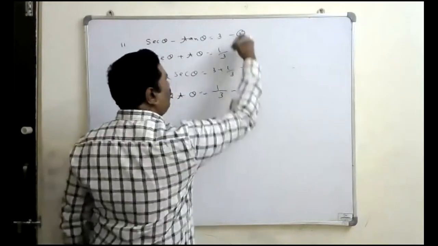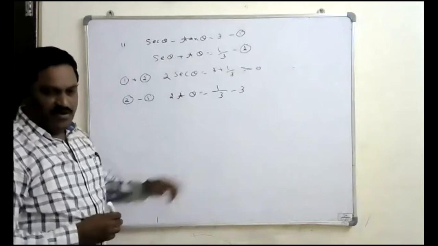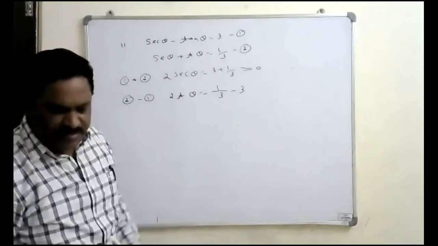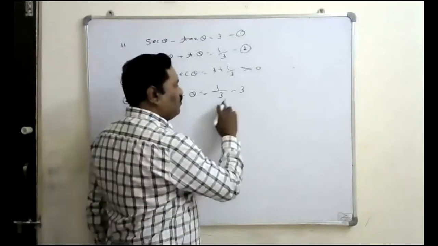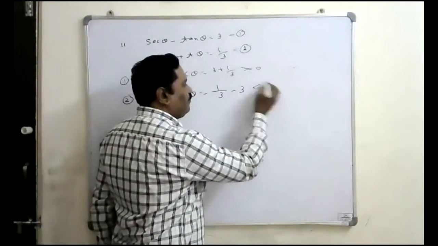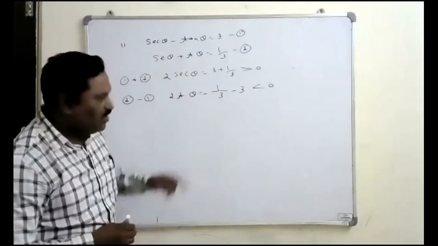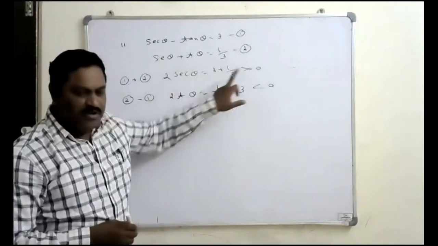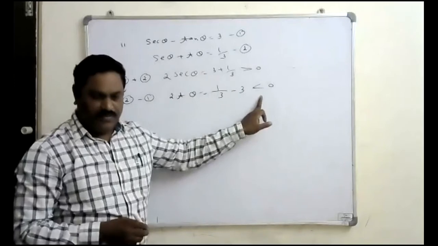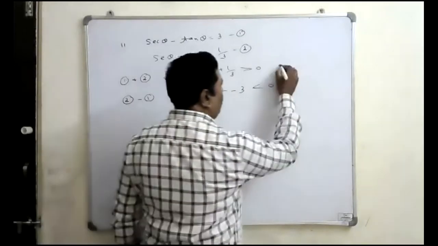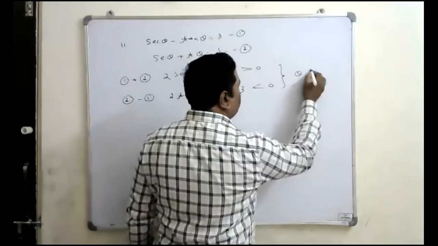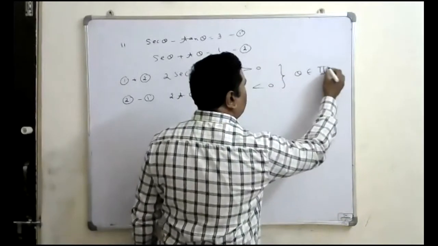Is 1 by 3 minus 3 positive or negative? Negative. So secant theta is positive and tan theta is negative. In which quadrant does it lie? Fourth. Theta lies in the 4th quadrant. That's the answer.